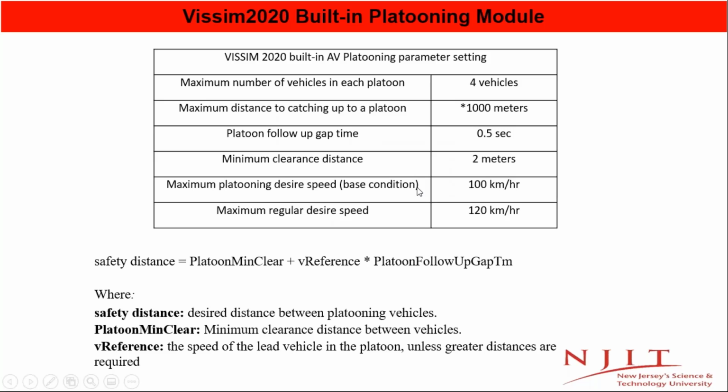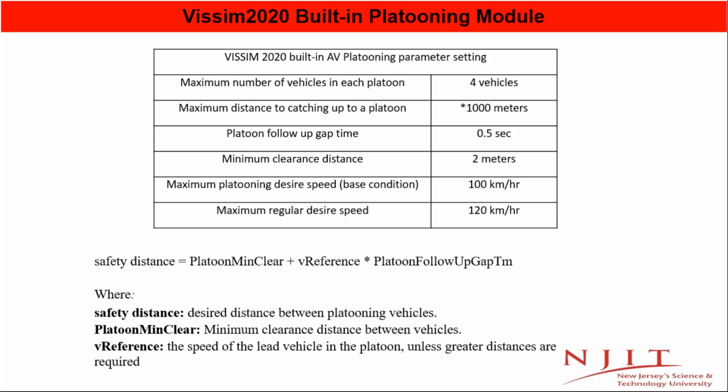On the other hand, we have the Vissim 2020 built-in platooning module, which has several adjustable parameters. In the parameter setting for Vissim 2020 built-in, we tried to set parameters to be compatible and comparable with our SMD model.